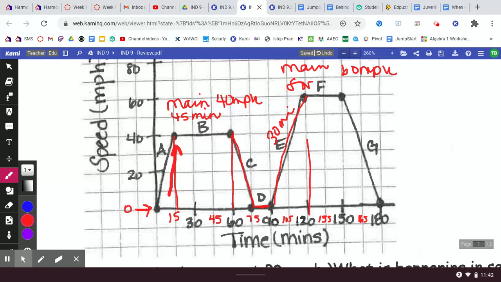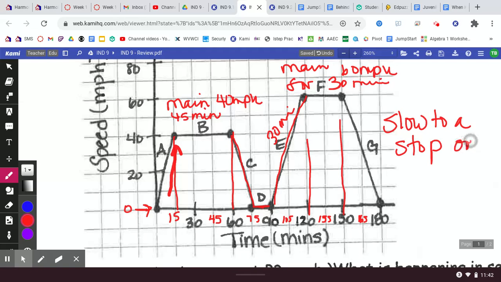Yep, because it's from 120 to 150, so that's 30 minutes. And then how about section G? Good. Slow to a stop or decrease their speed to a stop over, how long did it take them to do that? From 150 to 180, so for 30 minutes. That's a slow down.